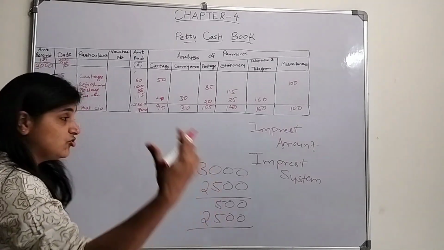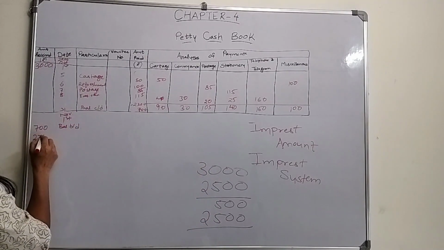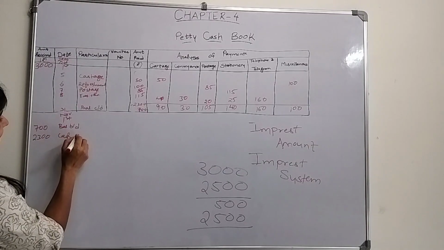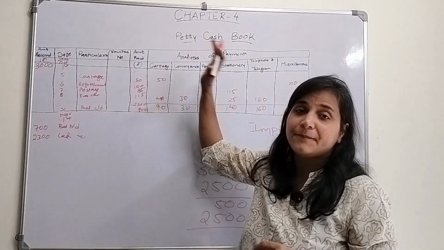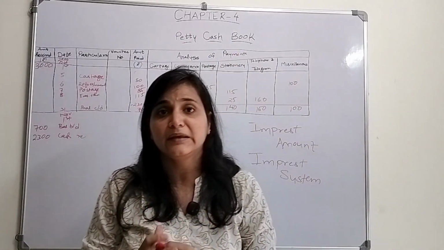Again the main cashier will pay 2300, so this will be cash received. Like that, the petty cash book will be maintained.